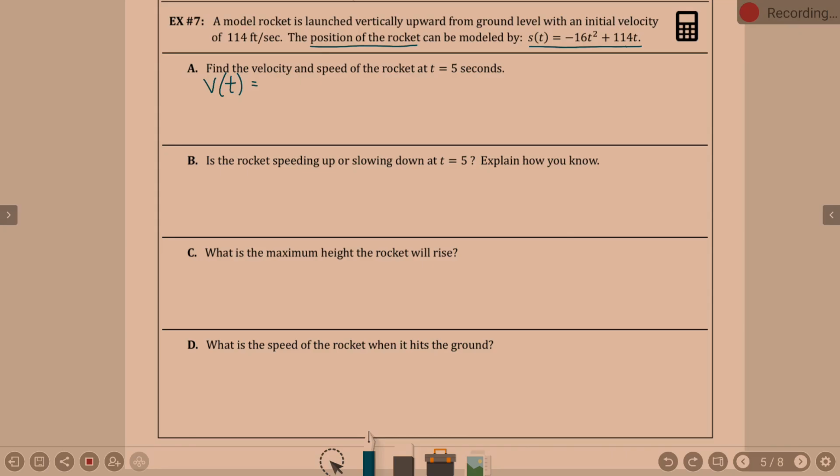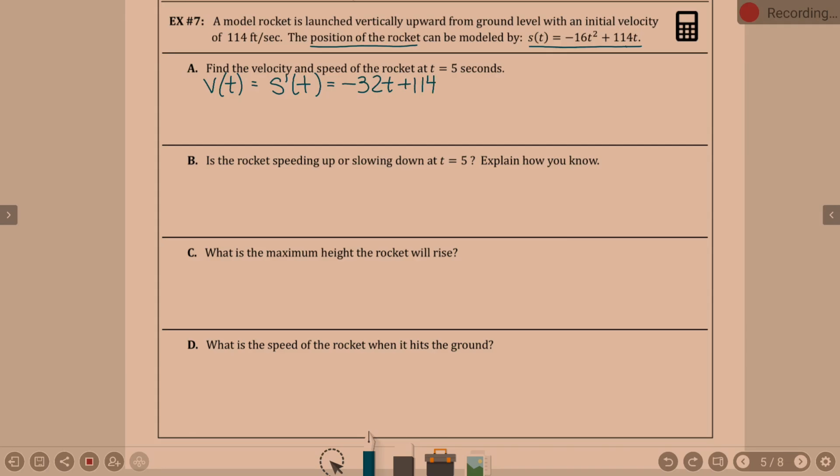Velocity is the what of position when we talk calculus terms? Velocity is the derivative of position. So if they give you a position formula and ask you to find velocity, you start by finding the derivative. So negative 32t plus 114.